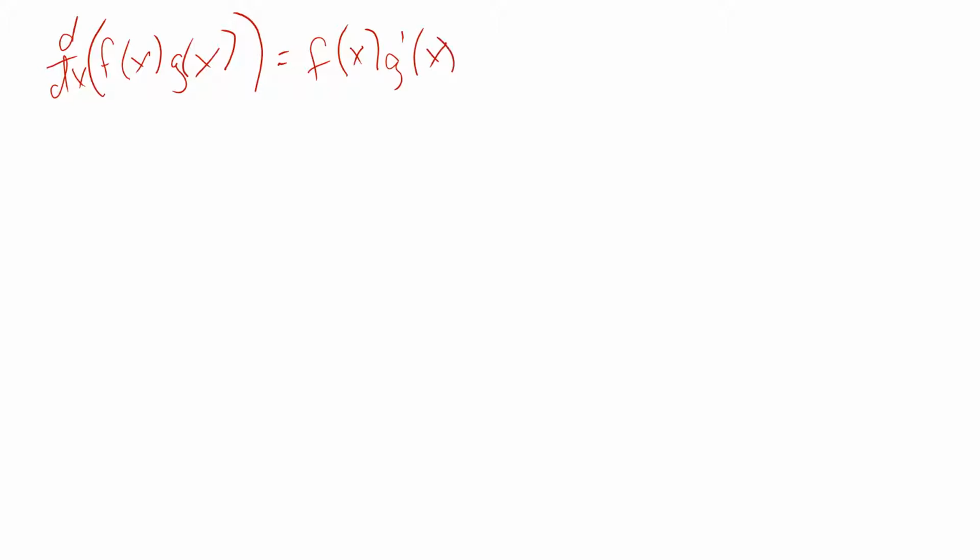If we remember the product rule says that if we have a function f of x, g of x, and we want to take the derivative of that, d dx of this guy, we're going to get f of x, g prime of x, plus f prime of x, g of x.